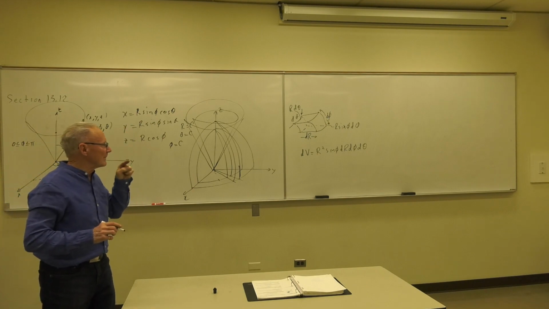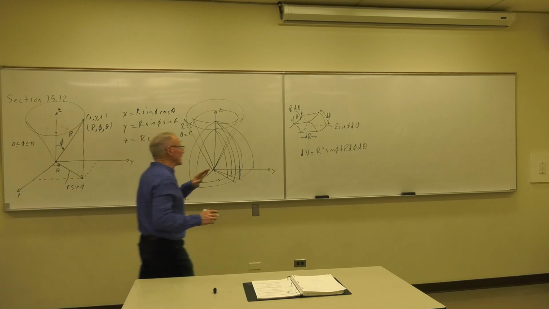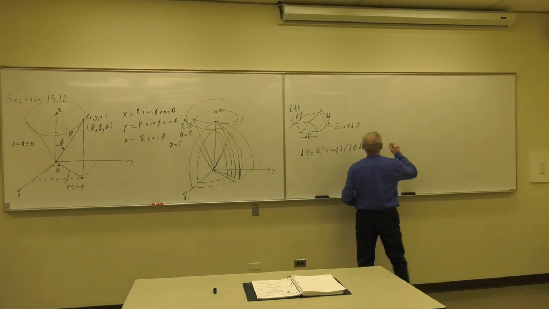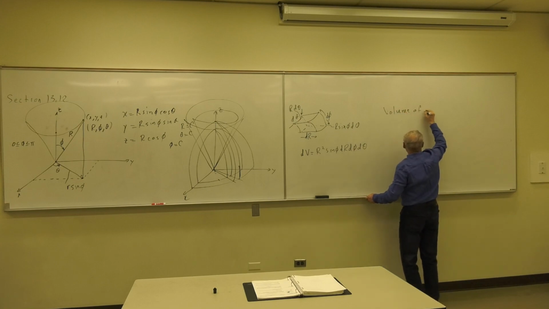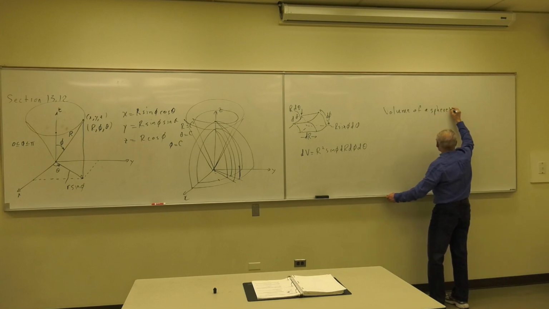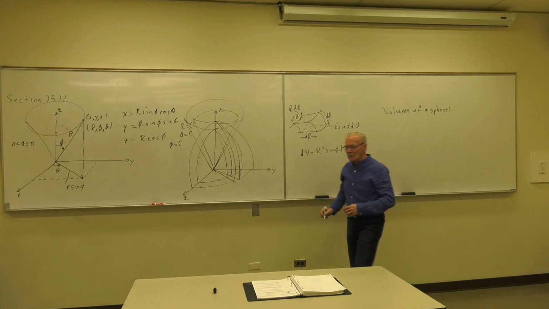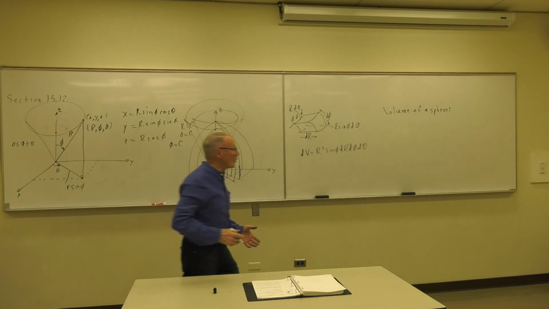I will make a recommendation for spherical, up to you whether you want to adopt it. So I'm going to illustrate by finding the volume of a sphere. We all know what that formula is. Let's see if we can produce it by using a triple iterated integral in spherical coordinates.